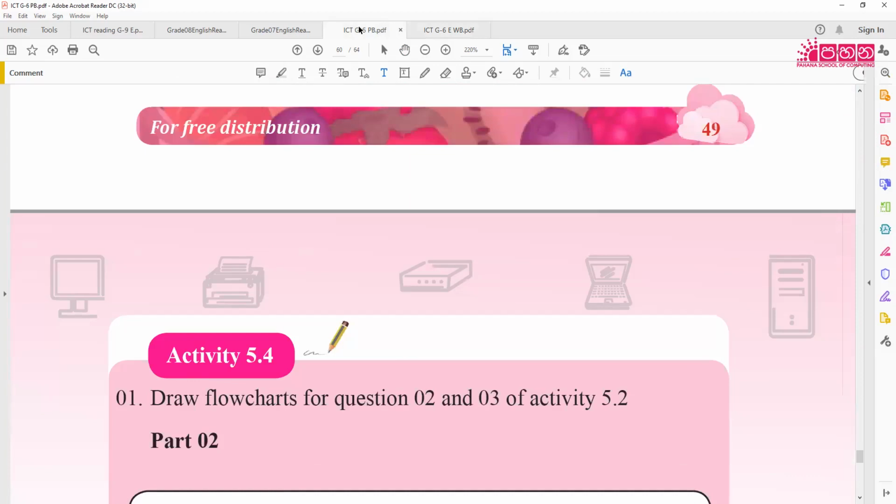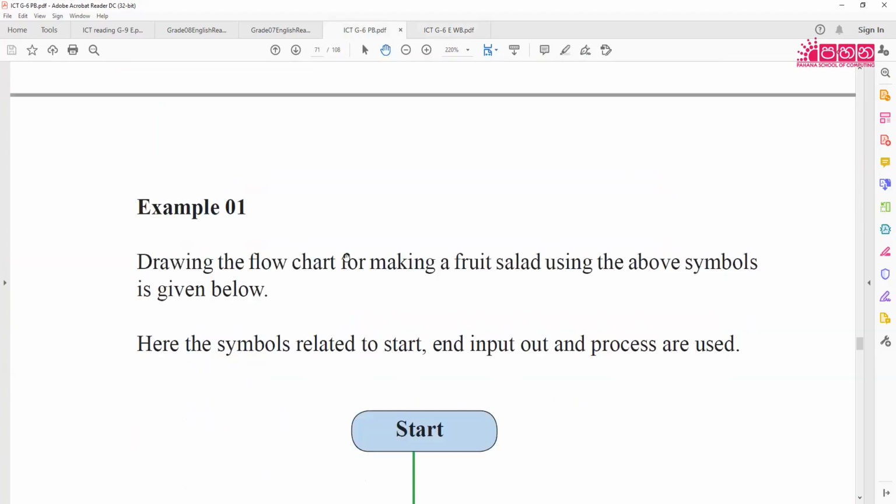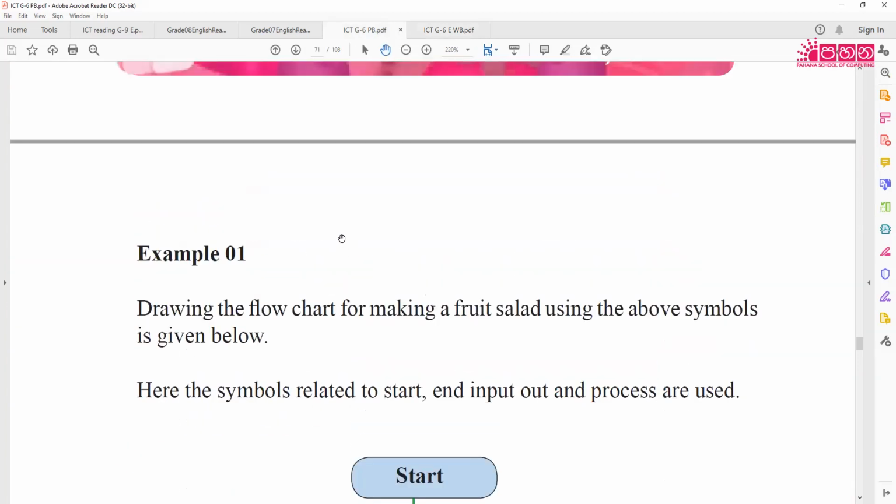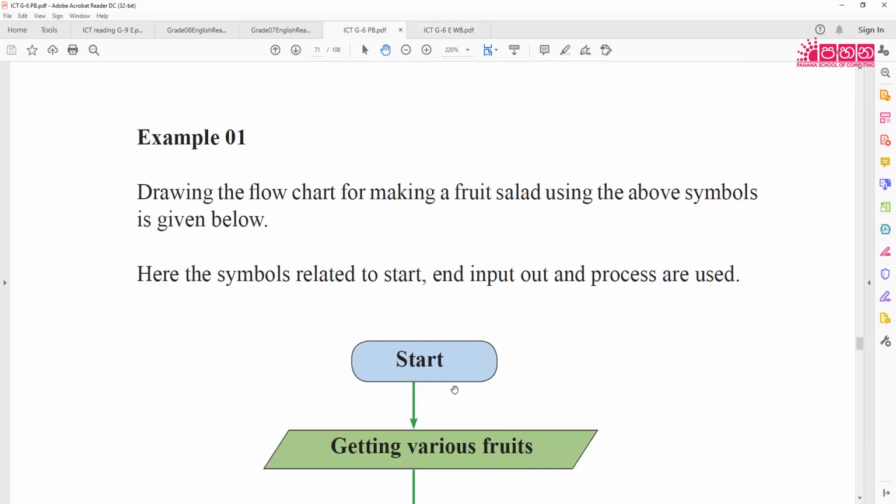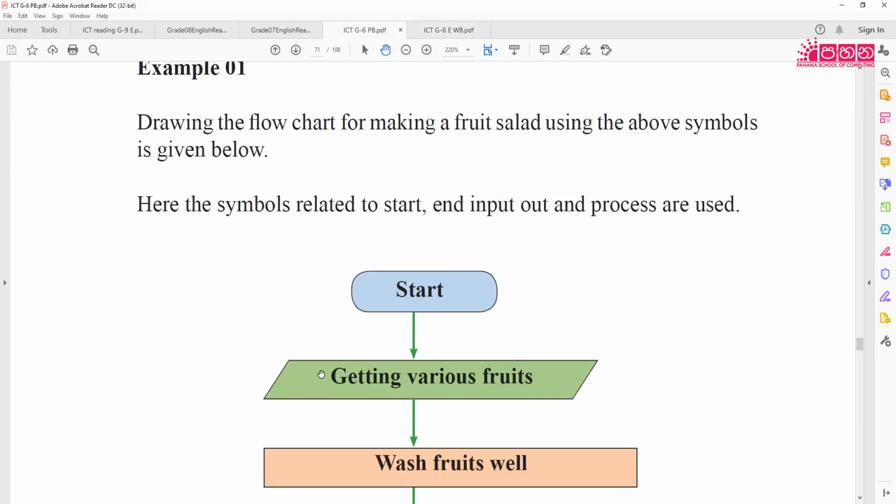So we'll go back now. Let's look at flowcharts. If we start with making a fruit salad, we will say start. And then we need to get various fruits. So it's an input, so we use this parallelogram shape.